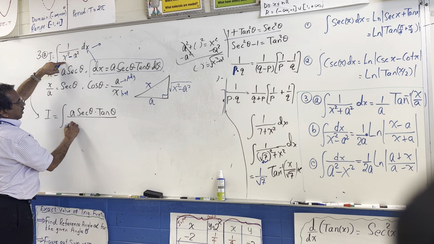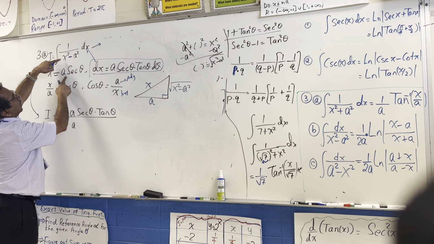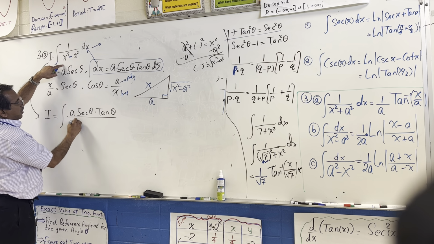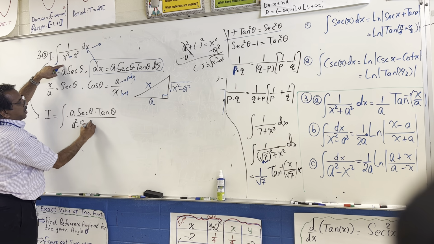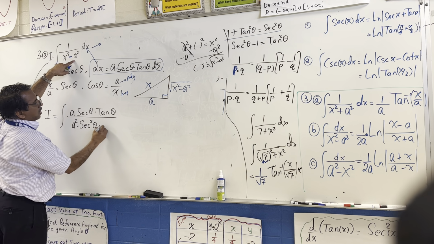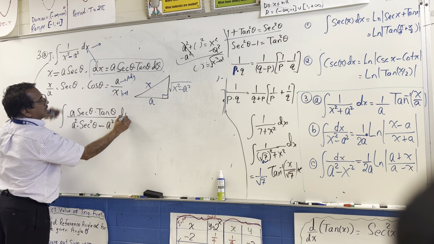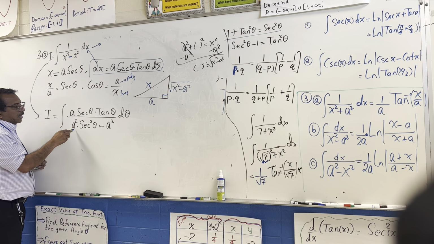And this is because it is secant squared theta minus a squared, and d theta. Okay. Now look at it. Again, the same thing.